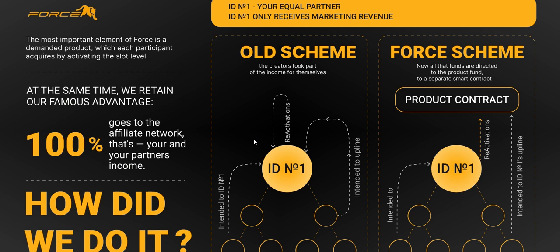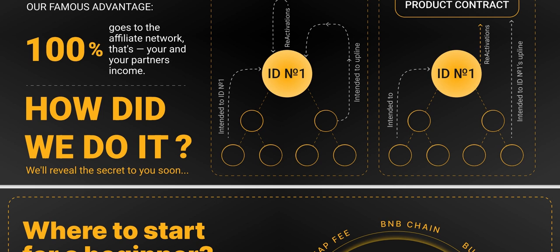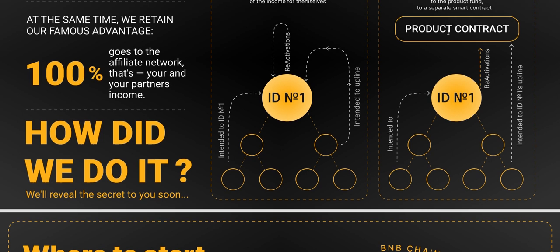So what Lado did, he actually created a product contract. So every time we do reactivation, the money goes into this product contract, and then this product contract is what's going to benefit us as the whole team. It doesn't go to the developers anymore. So basically when you look at this, we are looking at the X6 matrix because you do see these 6 rounds. So now as you can see, we do benefit more.